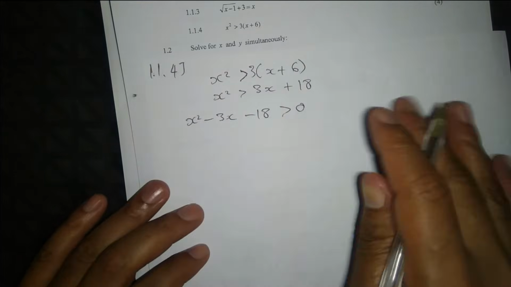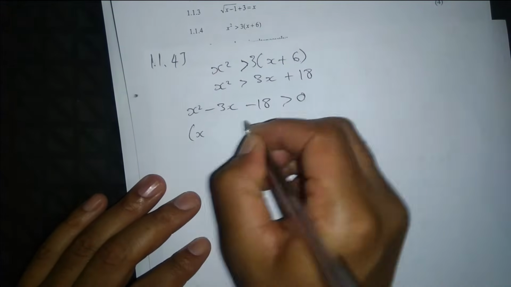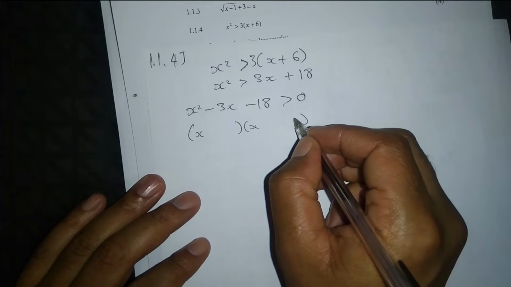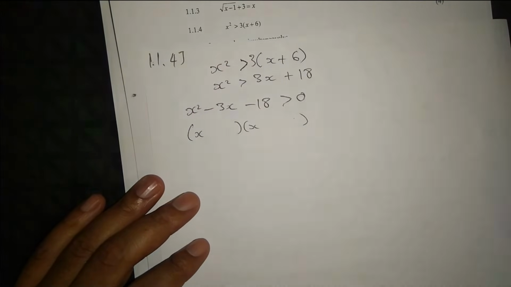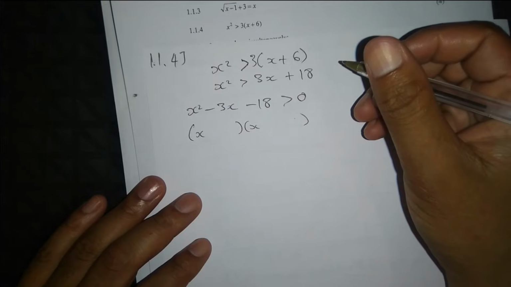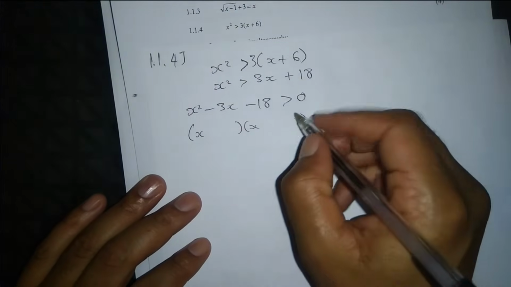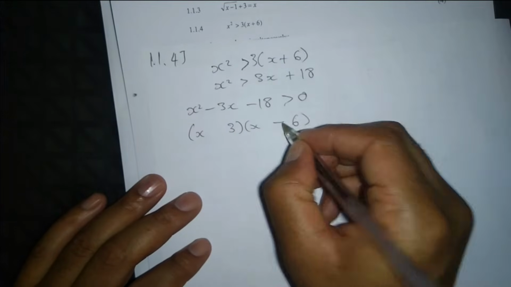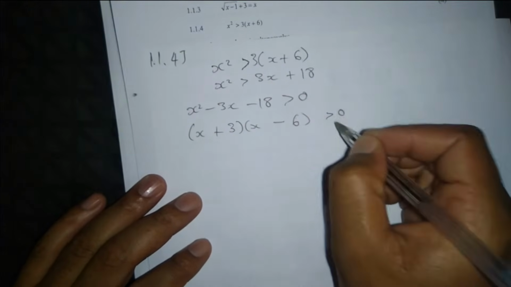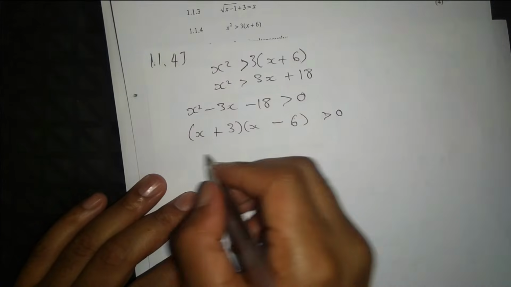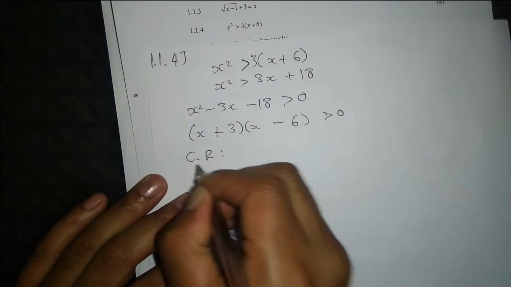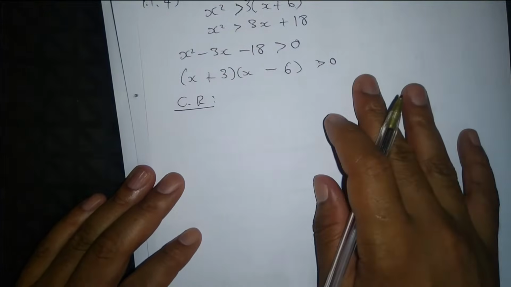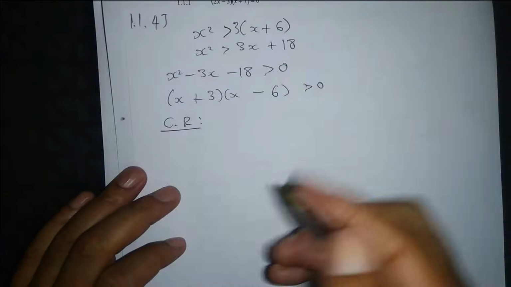Then we find the critical values. Factors of 18: 6 times 3, so (x − 6)(x + 3). I'll use the number line method for this video.